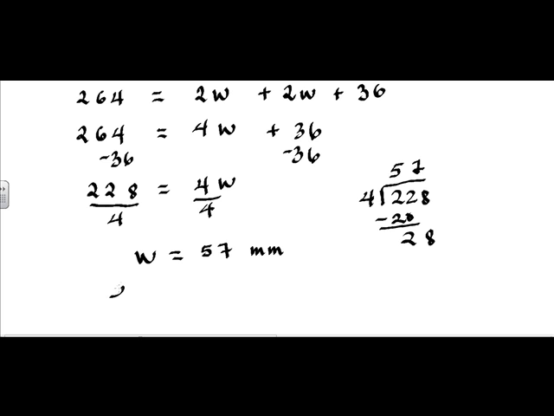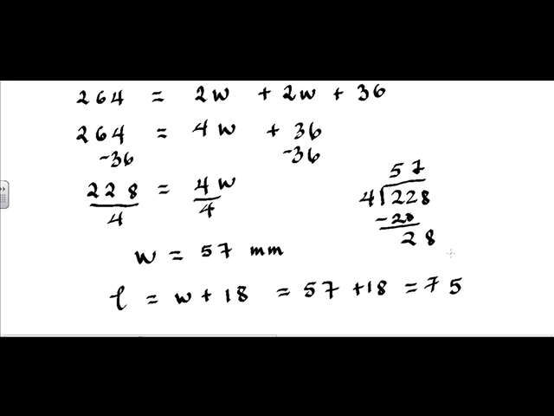So we know that the length equals W plus 18, which is 57 plus 18. 7 plus 8 is 15, carry the 1, so it's 2 plus 5 is 7.